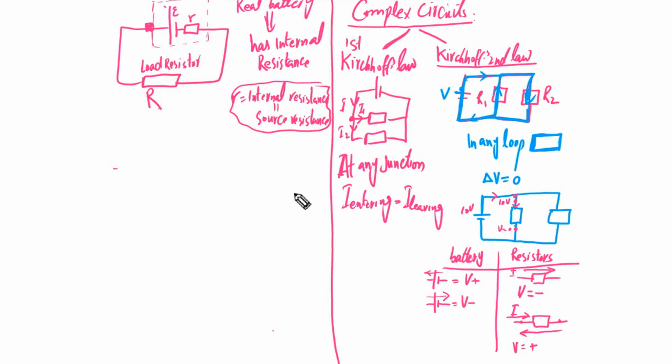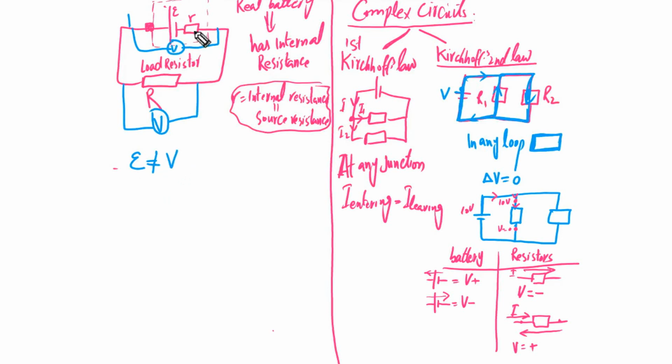Now we need to understand, if we attach a voltmeter across this resistor like this, from these two points, then in this case EMF will not be equal to V. Why?